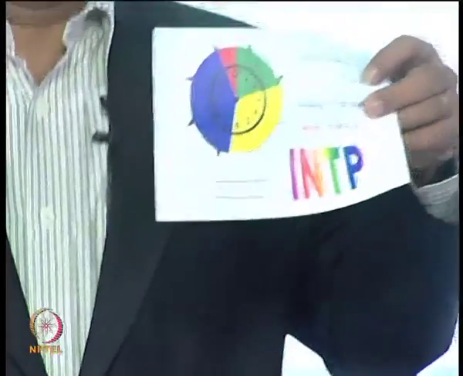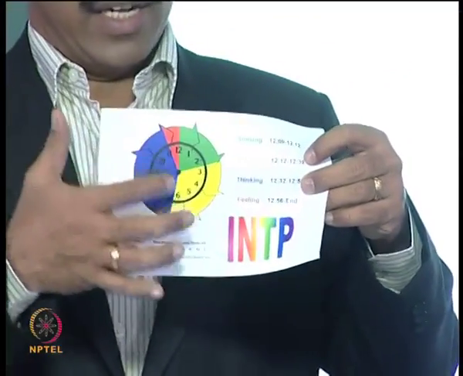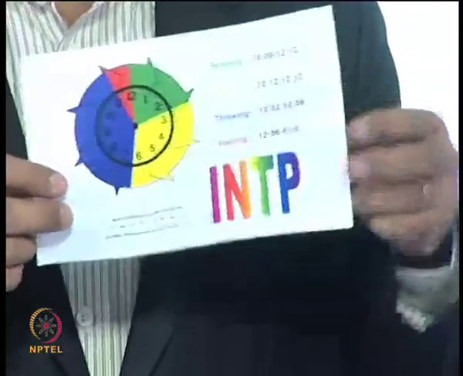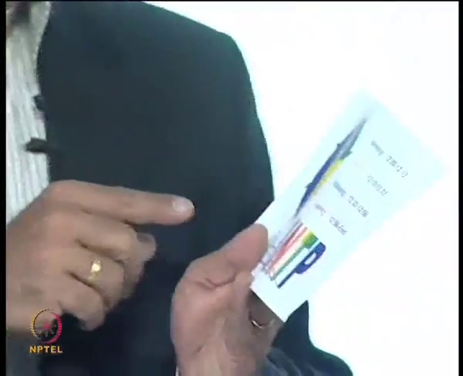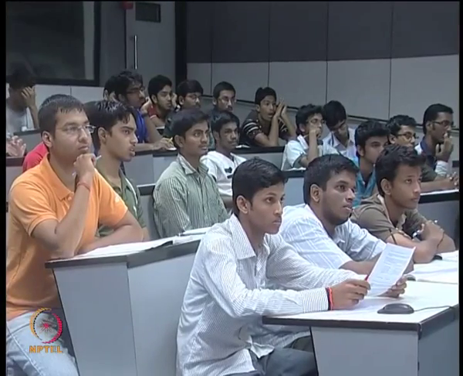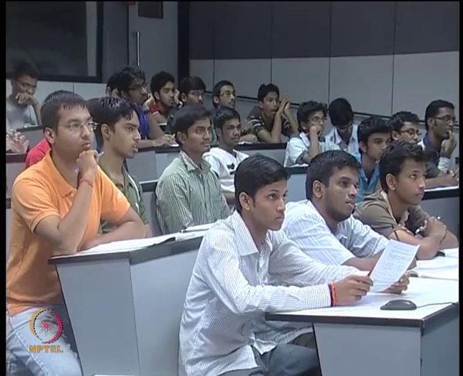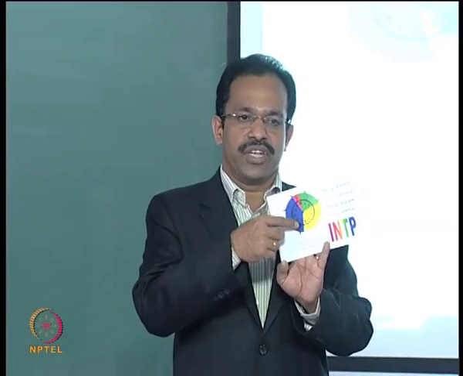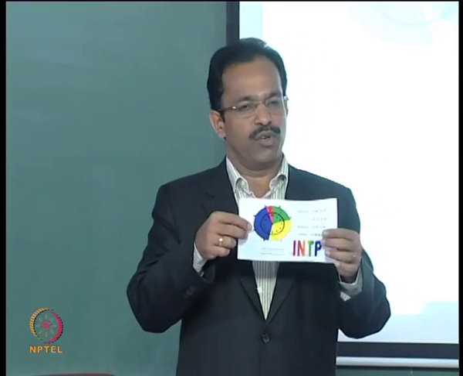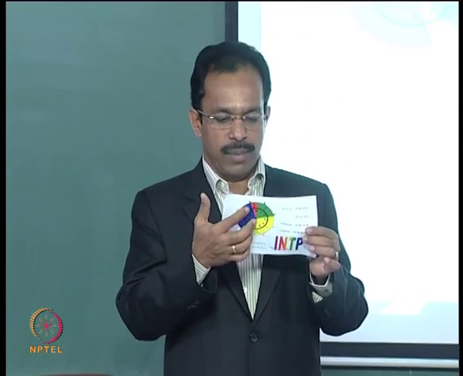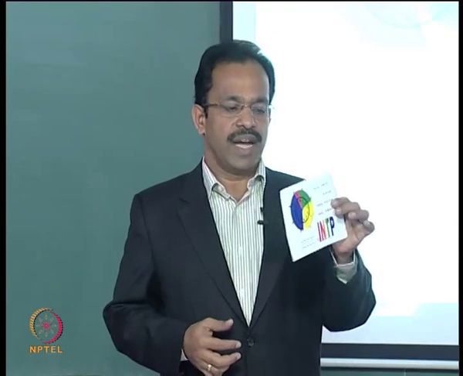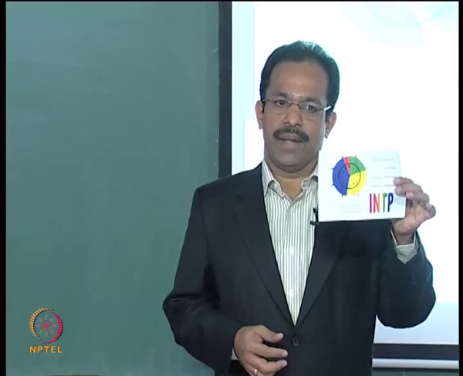Problem understanding and getting a solution are almost matching, 12 minutes and 20 minutes, and then analyzing the solution will take much more time. Getting the solution is not the end, he keeps on analyzing the solution and then finally implements it at the last moment only. He waits till the last moment to implement a solution, or takes more time to analyze the solution than implementing it. That is the INTP characteristic.